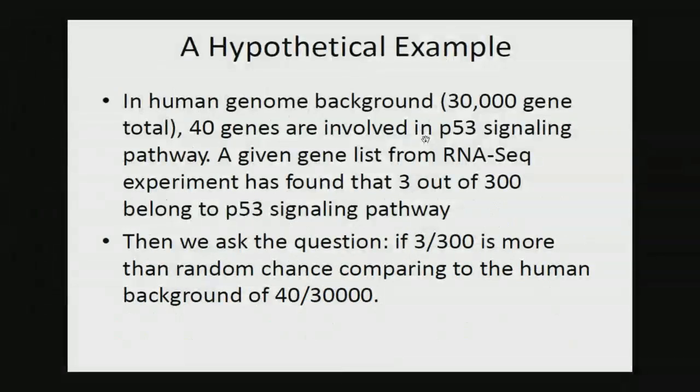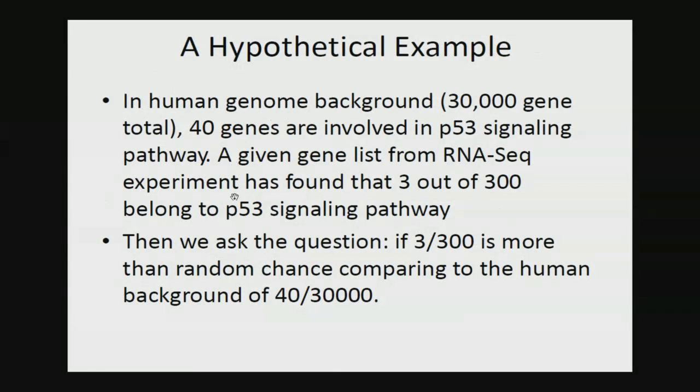Now we perform an RNA-seq experiment, and we get a gene list of 300 differentially expressed genes. And we find out 3 out of 300 genes belong to this signaling pathway.